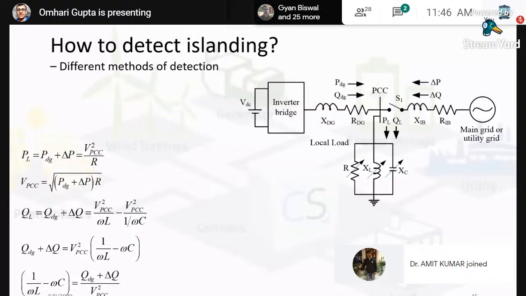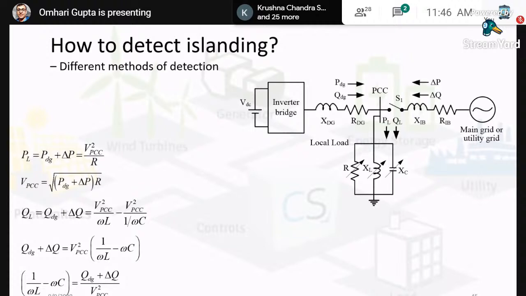Resistance is the only element here that can consume this PL, so the formula for PL will be VPCC square divided by R, just like V square upon R.